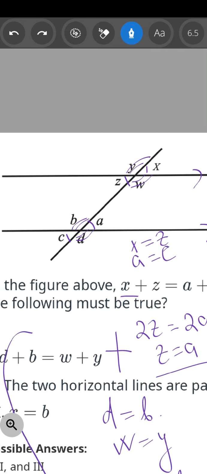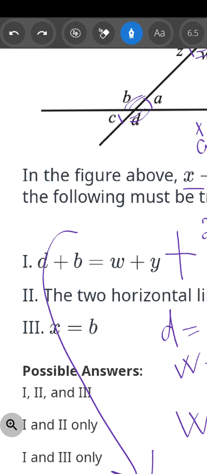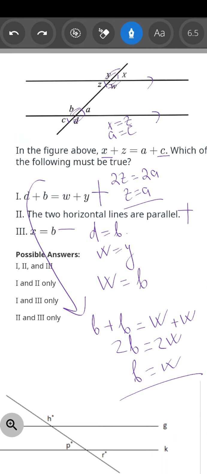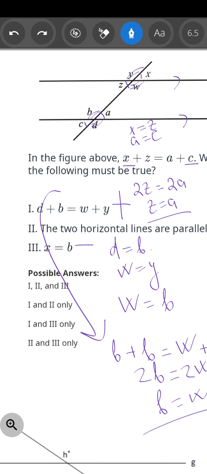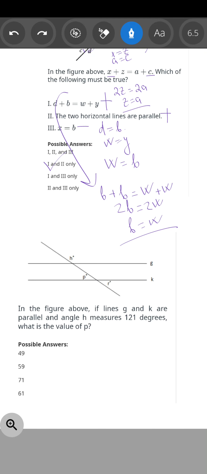So we can say that the sum of the angles b and x must be equal to 180 degrees. So the third statement is wrong, and our answer will be first and second only.